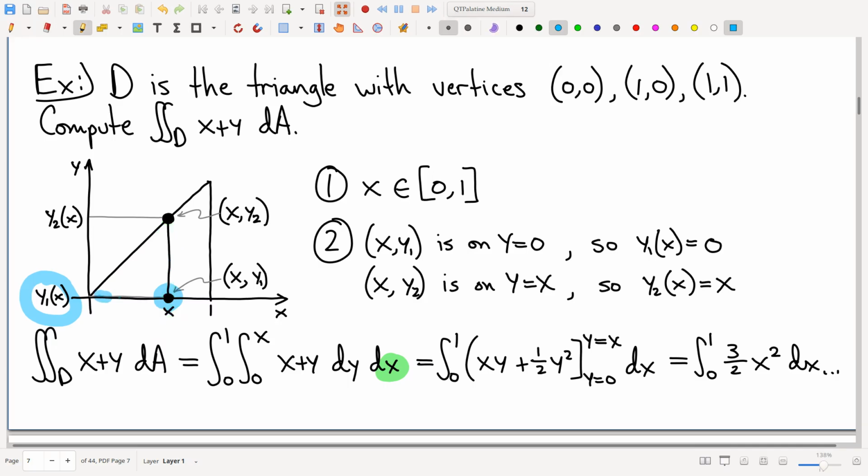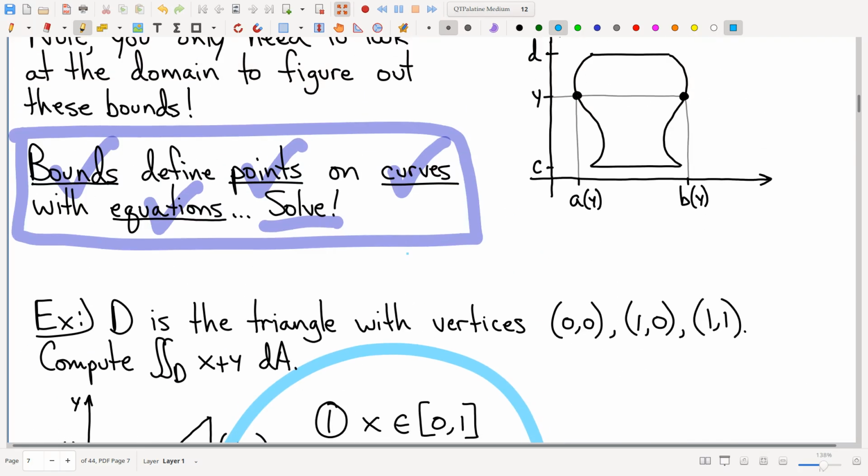That point is on that curve. Conveniently, that's a really easy equation to identify. So back up to here. We identified which bound we're looking at. We identified the corresponding point. We identified the corresponding curve. We've written down the equation. And now I just have to solve for what I need.